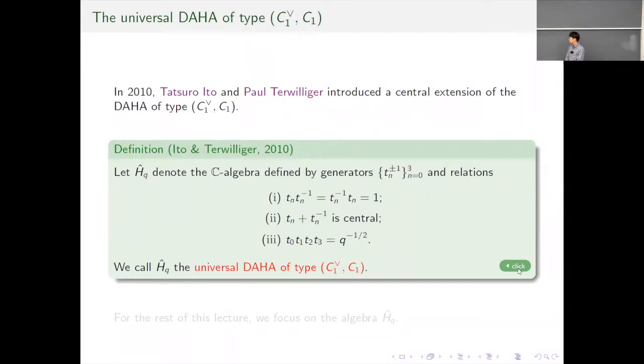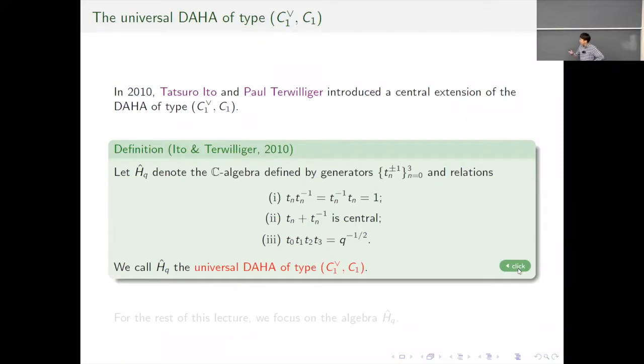Our generators are Tn plus-minus 1, where n is 0 to 3, and there are 3 relations: Tn inverse Tn is equal to 1, Tn plus Tn inverse is central, and T0 T1 T2 T3 is q to the negative 1/2. We call this algebra the universal DAHA of type C1-check C1.